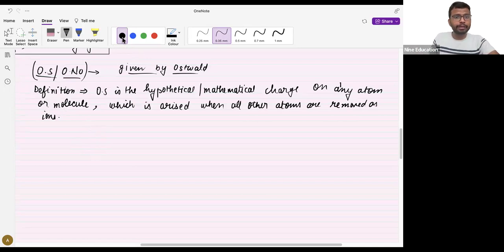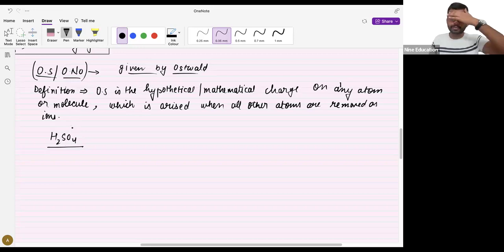It means, let's say I have H2SO4. You all know H2SO4? The name of H2SO4 is sulfuric acid. If I remove all the atoms except sulfur, if I remove hydrogen and oxygen, what should be the charge on sulfur? Let's say I remove 2 H positive.